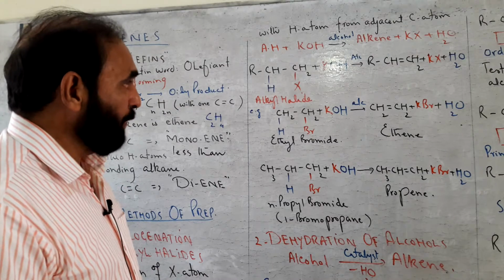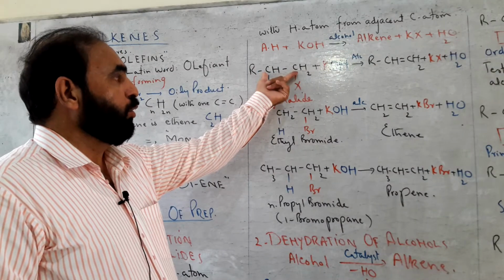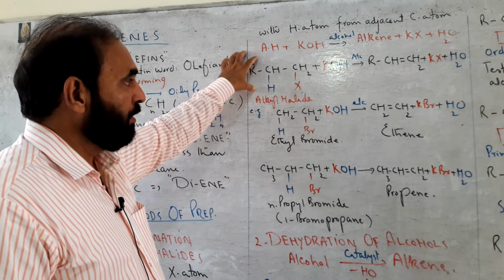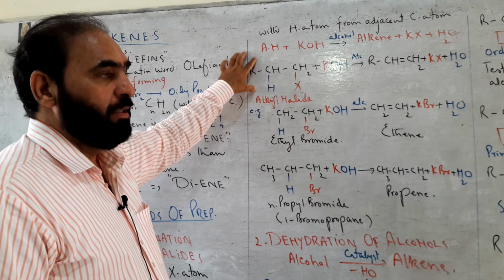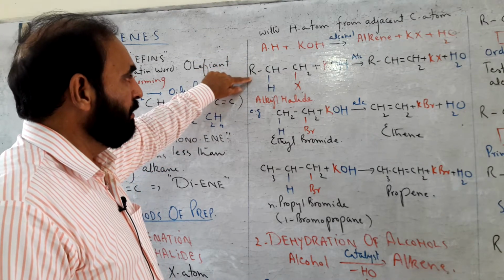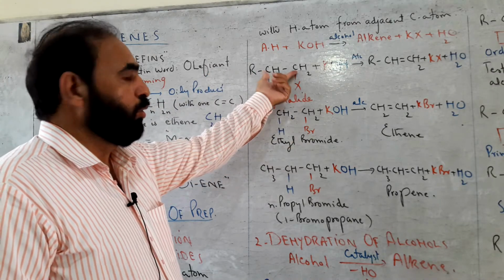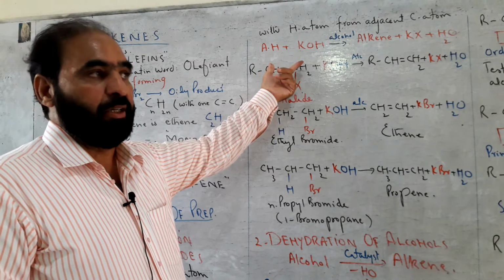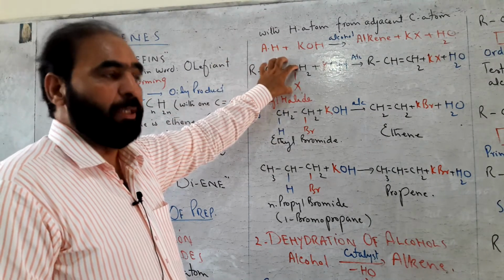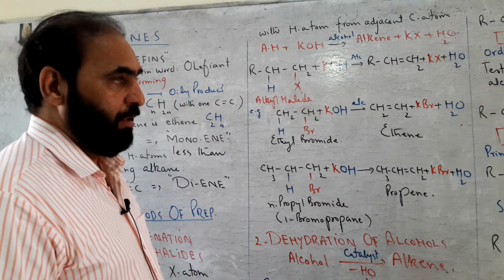In order to explain dehydrohalogenation, we take two carbon atoms out of R. If R has two carbon atoms, then R is replaced with a hydrogen atom, because two carbon atoms have already been written out of R. Two carbon atoms have to be taken in order to explain elimination.